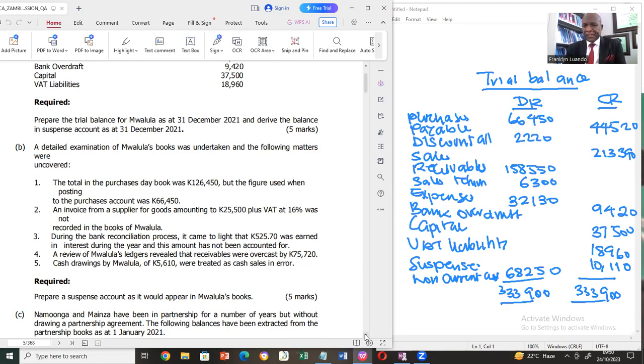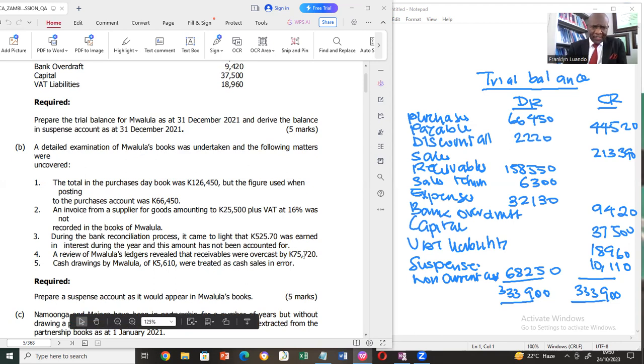The first point to note is that if the trial balance does not agree, like in this case, it didn't agree, there is a suspense of 10,110, which is on the credit side. Therefore, even in the suspense, it will be on the credit side.